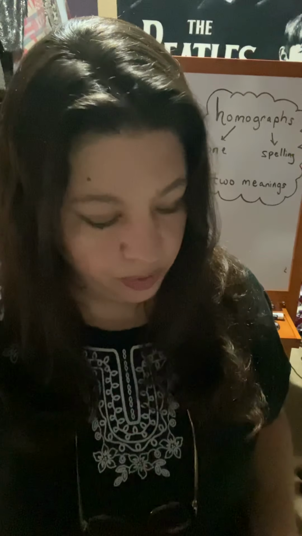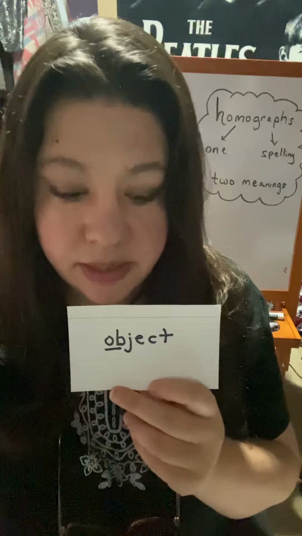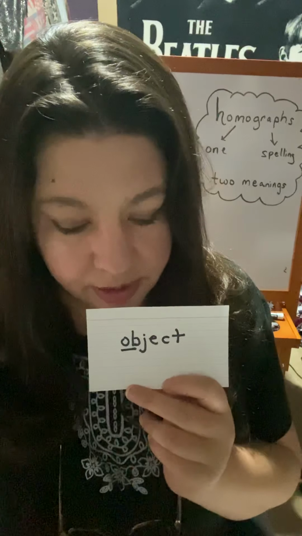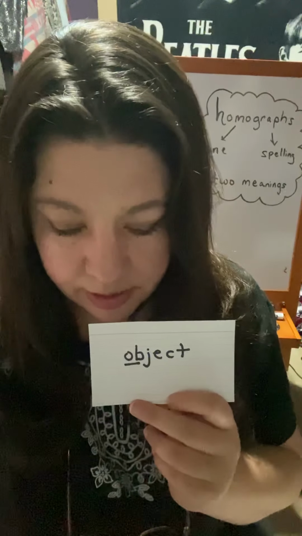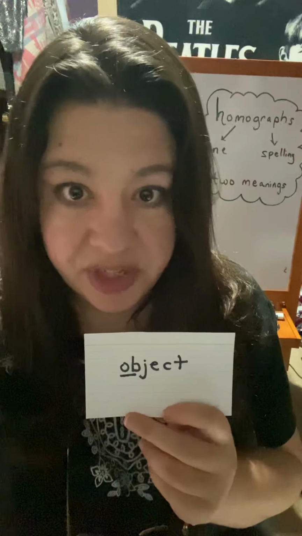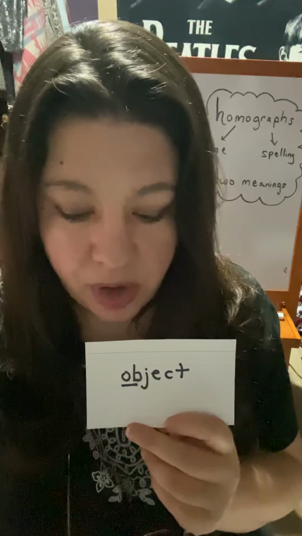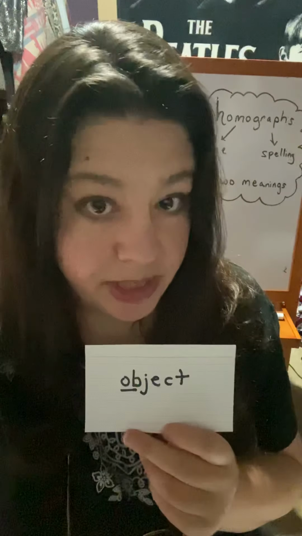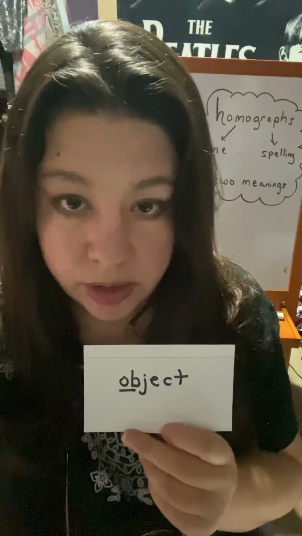The last one we will do. Object. The emphasis is on the first part of the word. It's not object, it's object. So, is it A, something that can be touched, or B, to oppose something?